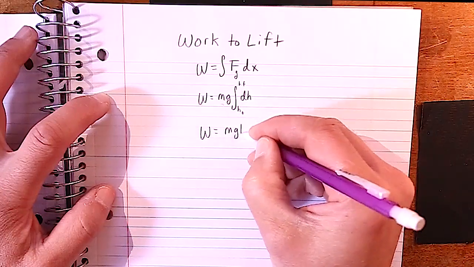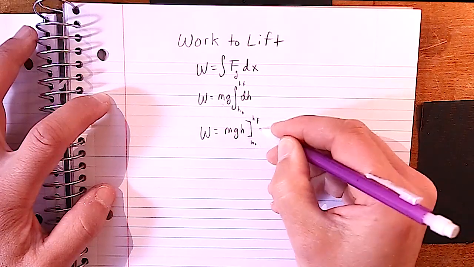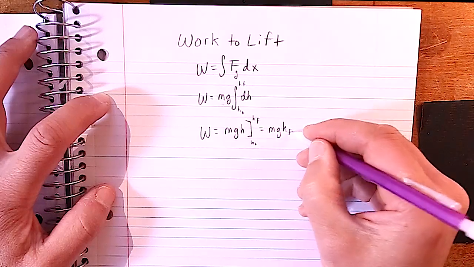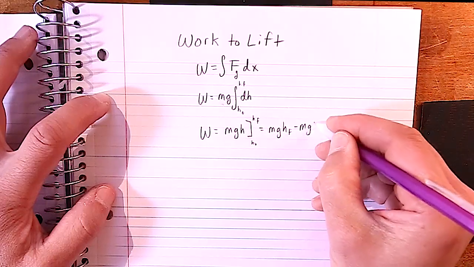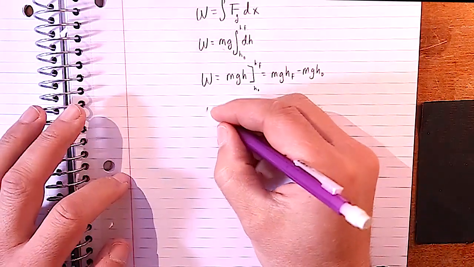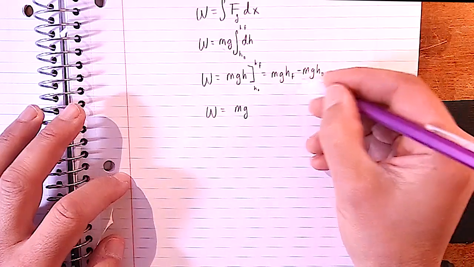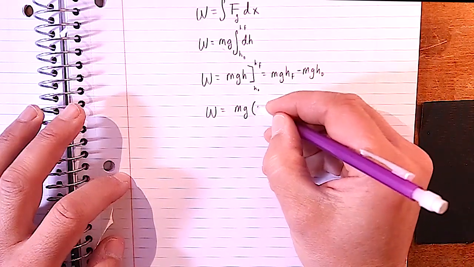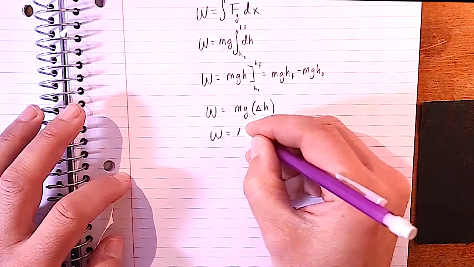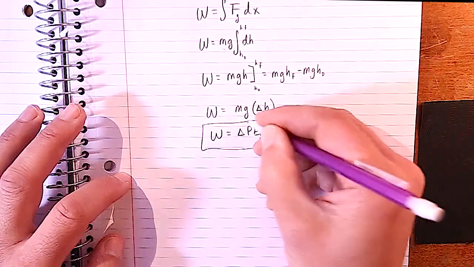So we would have mgh from h initial to h final, or mgh final minus mgh initial. Well, what is that work? That is going to be mg, the change in height, as we factor that out, delta h. And that gives us the work being equal to the change in potential energy.